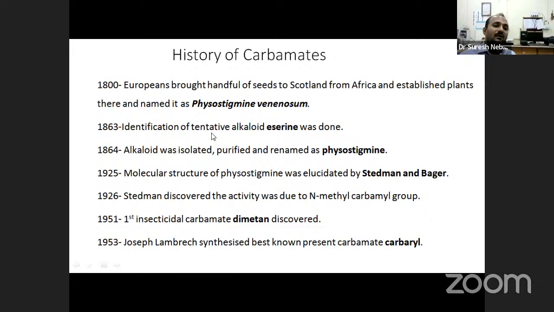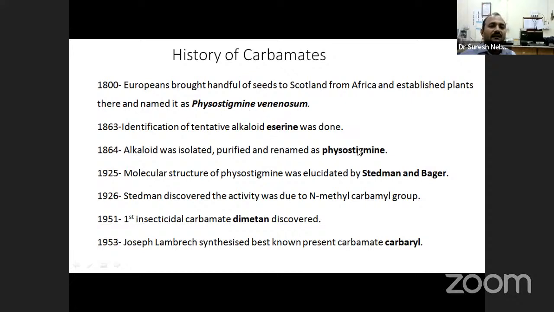So from that clue, the Scotland people took that seed to Scotland and grew the plants. Then they extracted the material from this plant and identified that plant as Physostigma venenosum. Then they identified what was the toxic principle in that extract of this plant. Usually that was a milk of this plant.